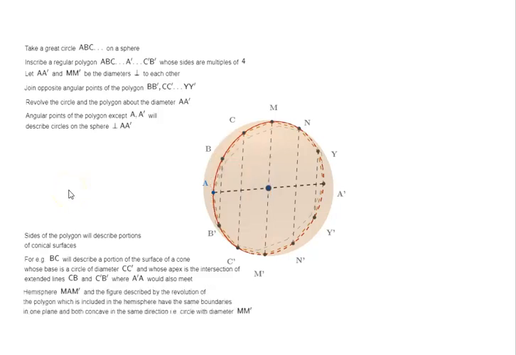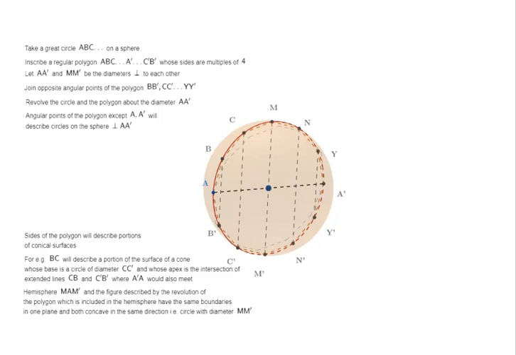So if we take the hemisphere M' and the figure described by the revolution of the polygon, which is included in the hemisphere, they have the same boundaries in one plane, and both are concave in the same direction.